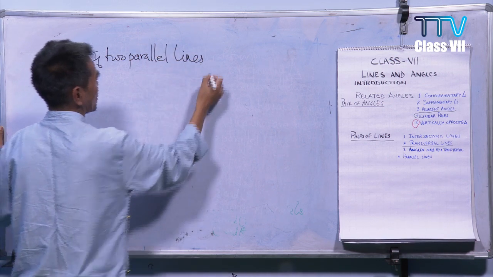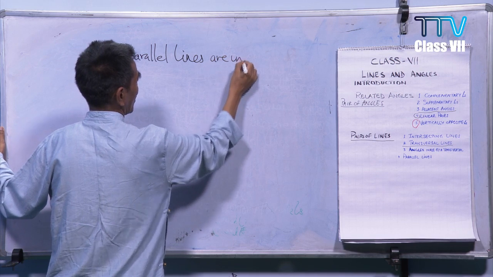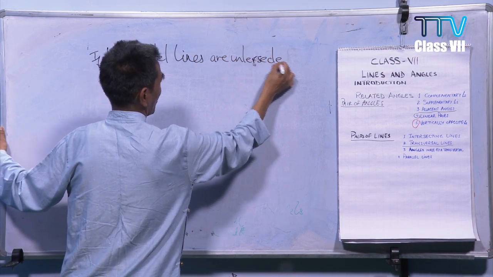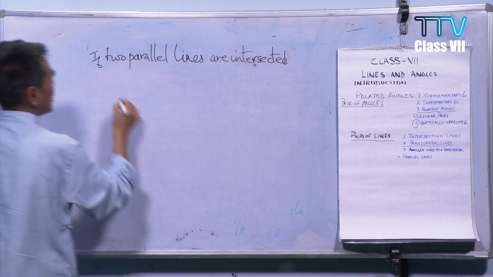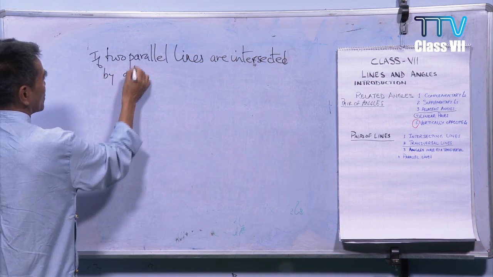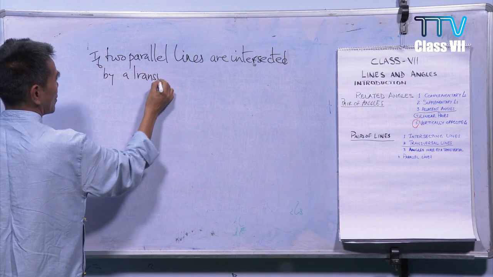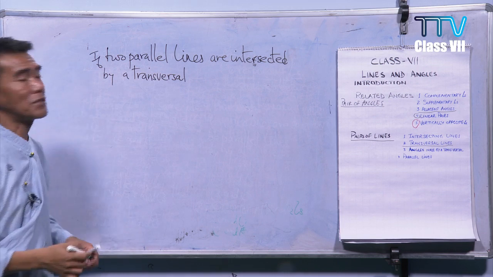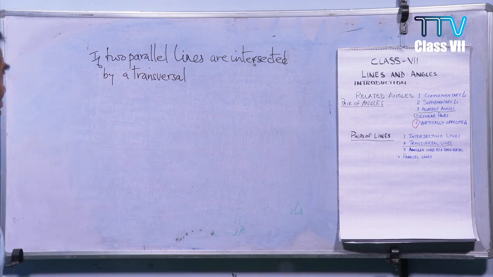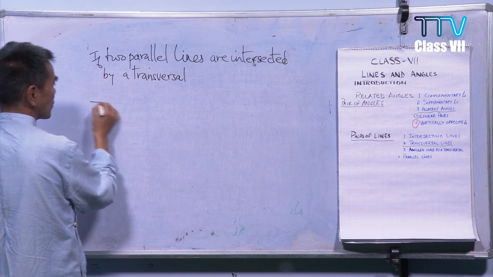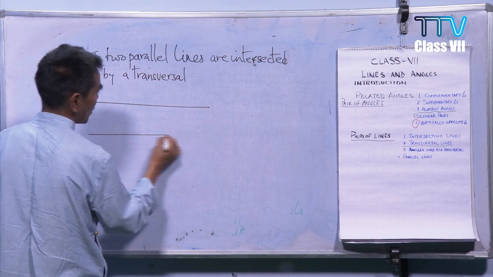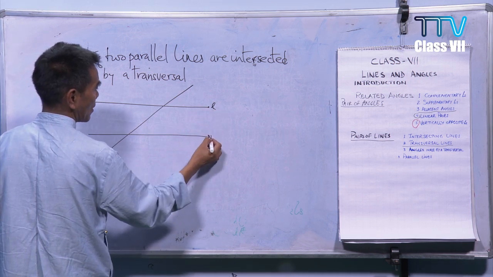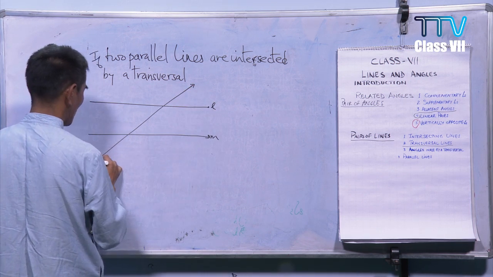If two parallel lines are intersected by a transversal, the transversal intersects both lines at two points.